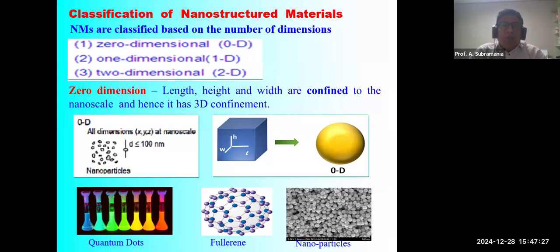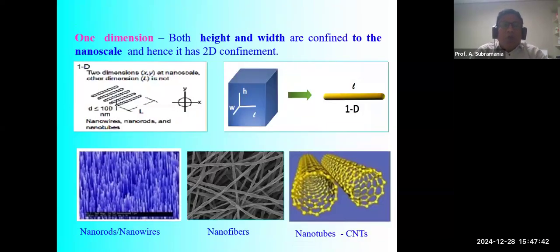What are 0-dimensional materials? In 0-dimensional nanomaterials, the length, height, and width are all confined to the nanoscale, and hence it has 3-dimensional confinement. Examples: quantum dots, fullerene, nanoparticles. Second is one-dimensional nanostructured materials. In these, both height and width are confined to the nanoscale, and hence it has two-dimensional confinement.